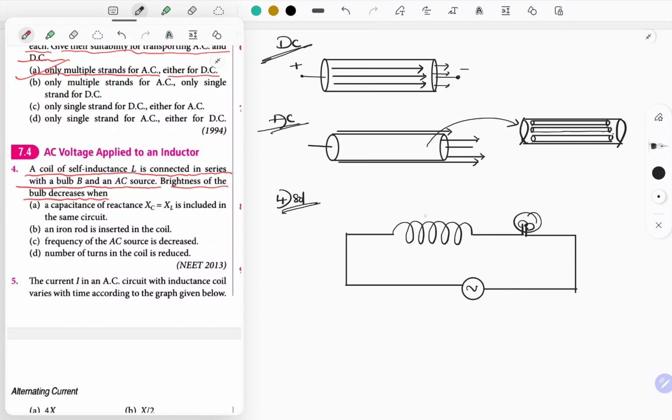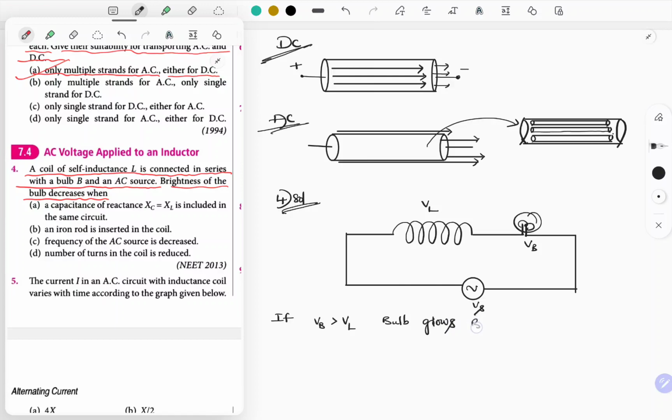Whenever supply voltage is given, some voltage will drop across the inductor, and the remaining voltage drops across the bulb. If the voltage across the bulb is greater than the voltage drop across the inductor, then the bulb glows brighter. So if VB is greater than VL, where the total voltage is VS, then the bulb glows brighter.